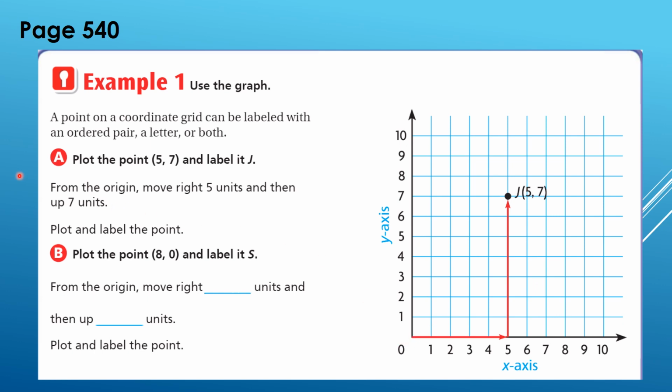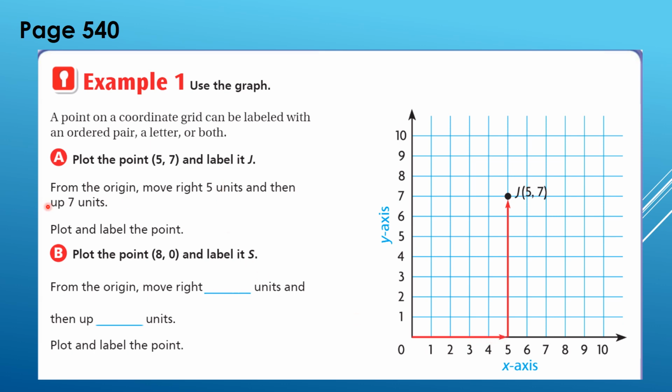So the book says, from the origin, move right 5 units. That's why for the math activity, I focused on these words: right and left, and up and down. So if I place my pencil on the origin, I will move 5 units. So this is 1, 2, 3, 4, 5.